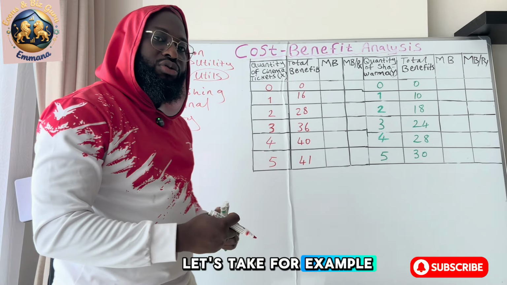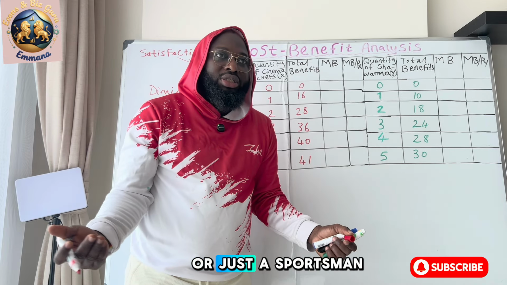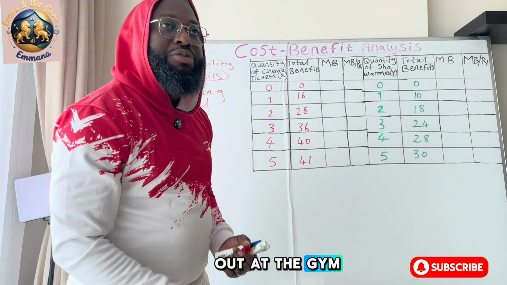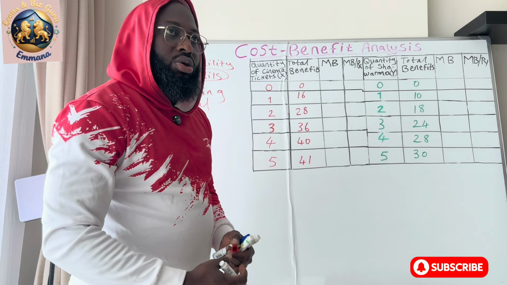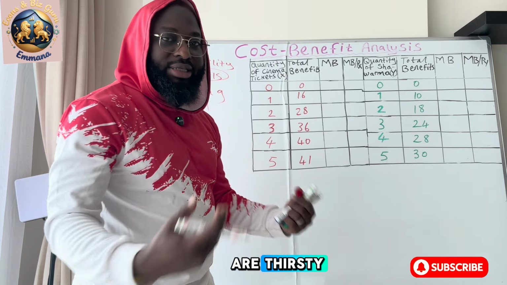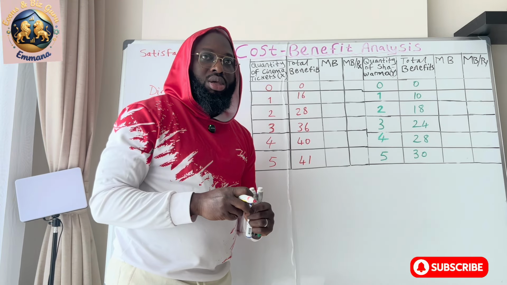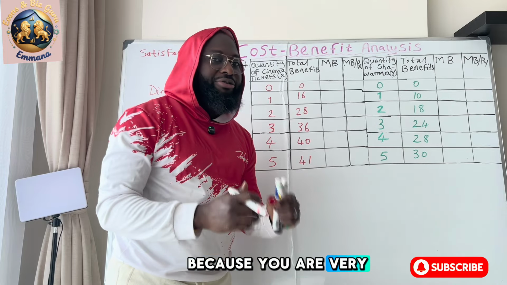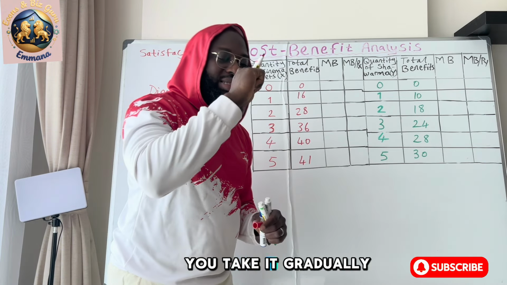Let's take, for example, whether you're an athlete or just a sportsman, you go for a run, you are working out at the gym, or you're playing football. You are exhausted, you are thirsty. When you take the first cup of water, you may drink it at once. Why? Because you are very thirsty. But once you take the second cup, you take it gradually.